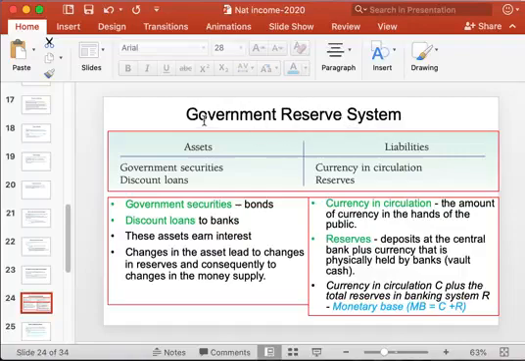So we can represent the government reserve system in the form of a balance sheet here. And the balance sheet consists of assets and liabilities.